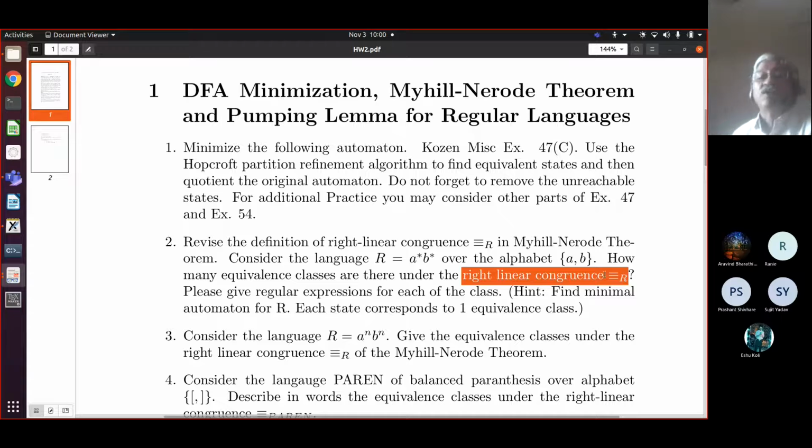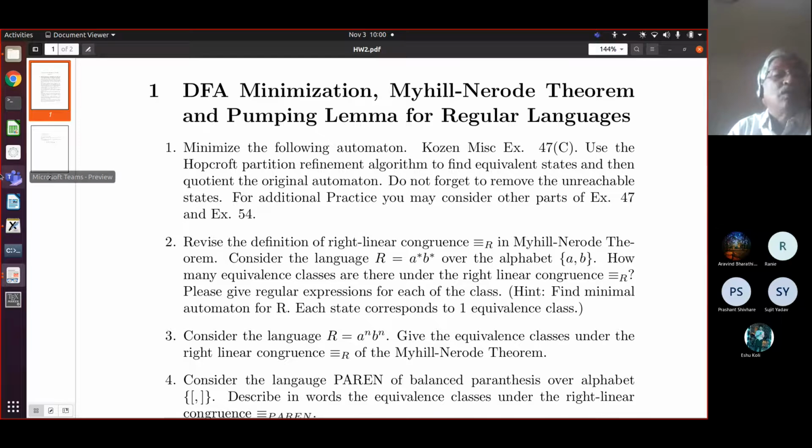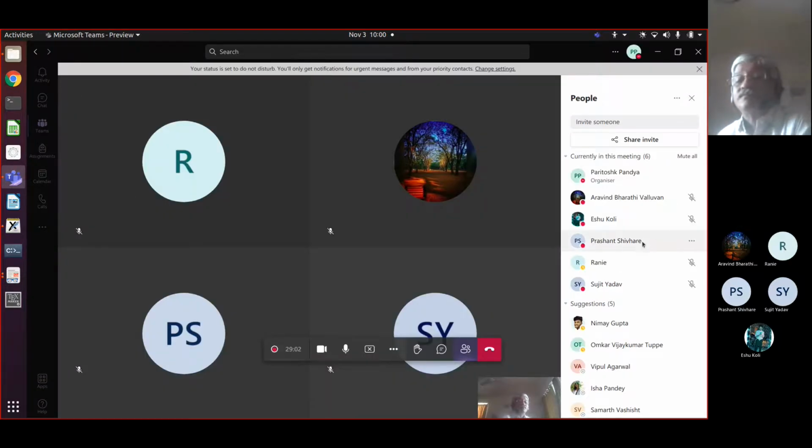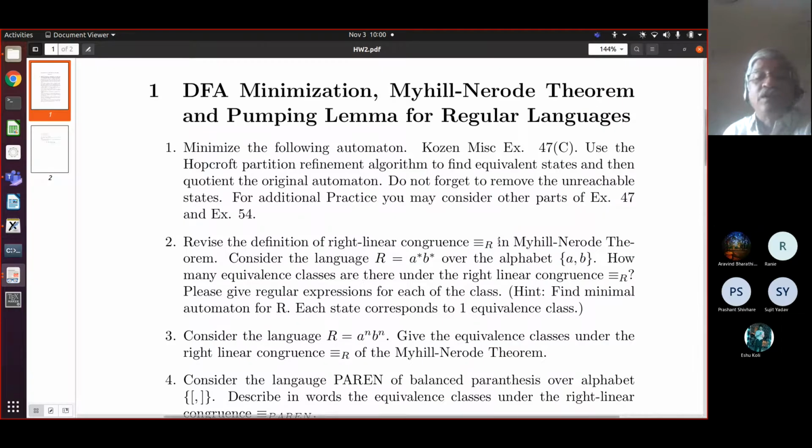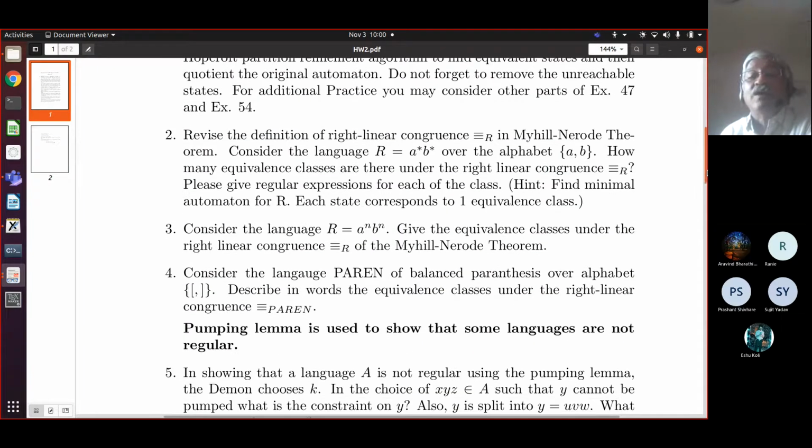Both are correct and both are used in papers, but the one we used in class was language induced equivalence.